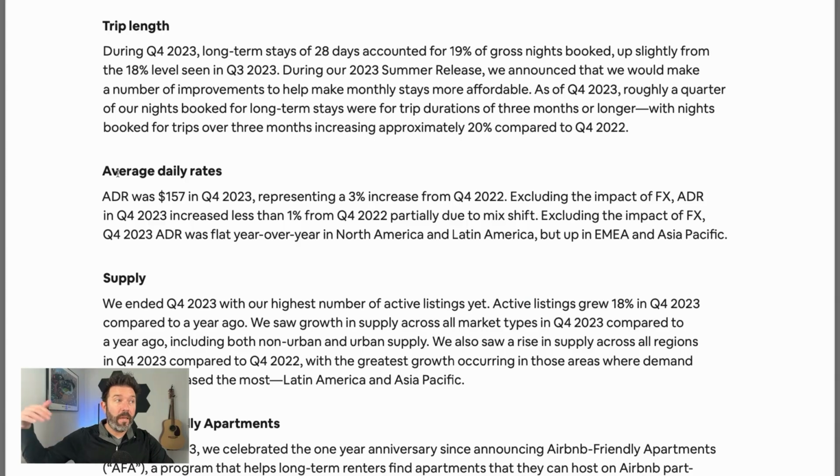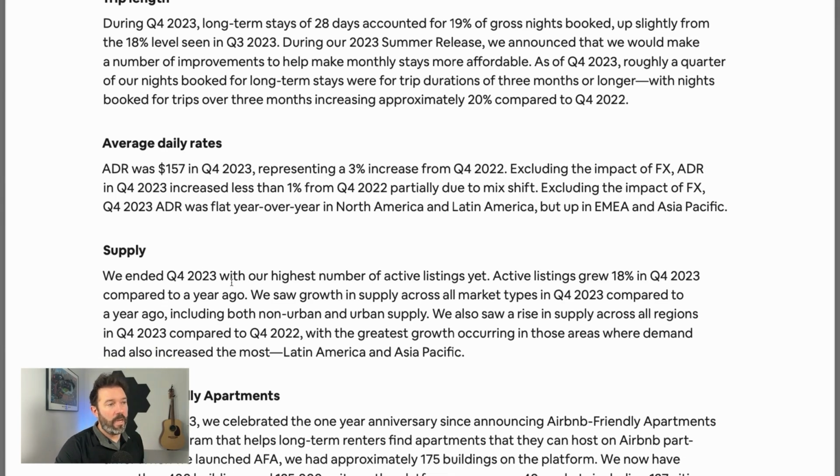If, let's say, the average day rate was $300 or $400 per night, you're going to have a smaller group of customers who will potentially consider Airbnb. And we know those nights are available, but if the average night is $100 or $150, now that's much more competitive with a hotel. That's how you grow the market and grow the business long-term if you're Airbnb. And here again, supply, you want to have supply growing. This is the most active listings that they've ever had, in Q4, up 18% from a year ago.